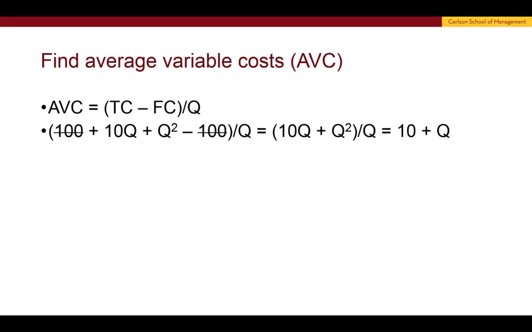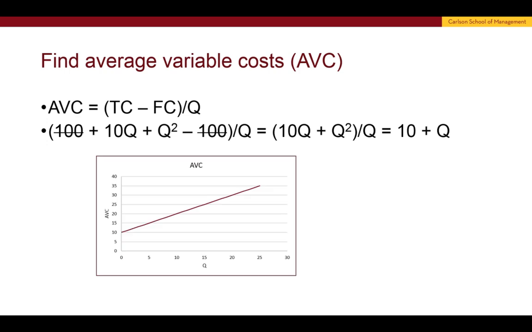But then let's subtract off the fixed component. And so that's why I've struck through the 100 both times, because they cancel. All that stuff's being divided by Q. If we simplify a bit, we have 10Q plus Q squared all over Q. And if we simplify that further, we end up with 10 plus Q.